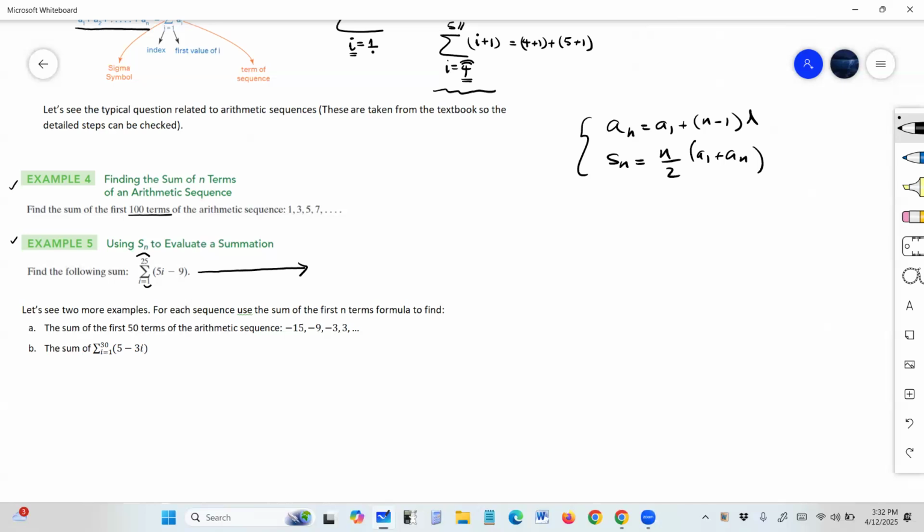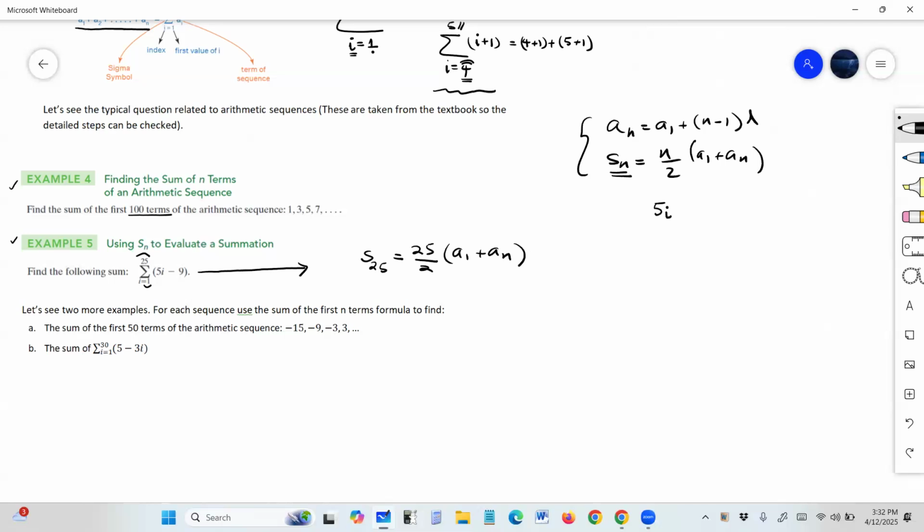All right. So I am going to put it in this format. So I know that n is 25. So 25 over 2. Now I need to know the first and the last. Not really given here. So let's take a look.